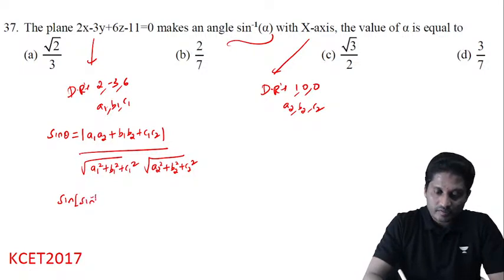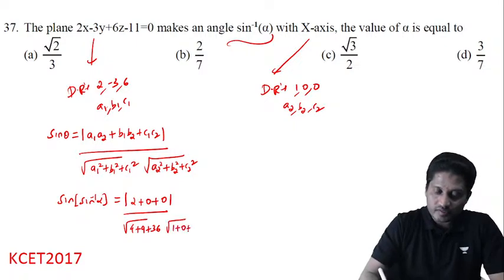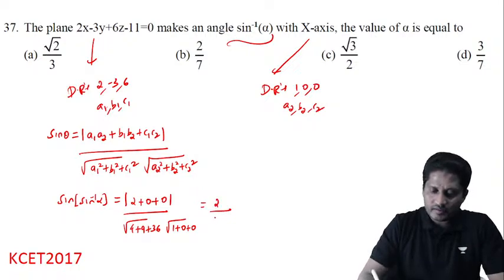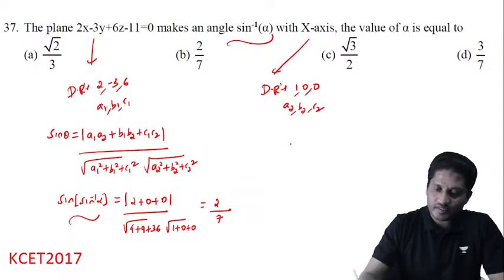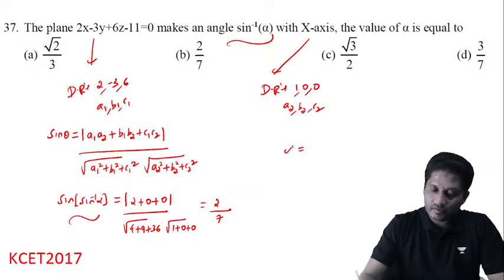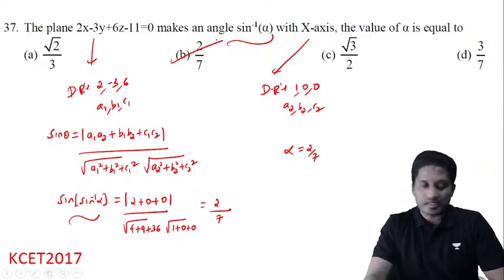So sine alpha is equal to modulus of a1 into a2 is 2, b1 into b2 is 0, c1 into c2 is also 0, by root of 4 plus 9 plus 36, and root of 1 plus 0 plus 0. You will get 2 divided by root of 49, which is 7. Sine inverse of sine alpha is alpha. So I'll get alpha is equal to 2 upon 7. Answer is option B. Question number 37 is B.